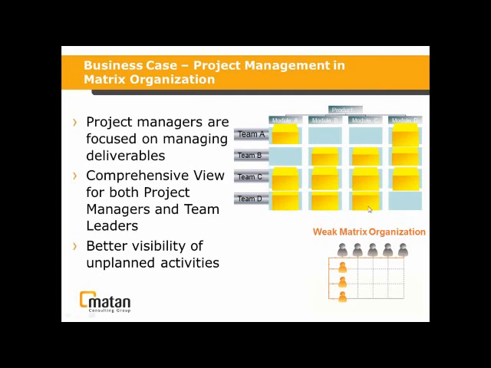Okay? So you can see here, for instance, a Team A leader. He's working on Module A and Module D of a certain product or program, and the team manager of Team C is working on different modules. So here, he's working on all the modules of the product or of the program.